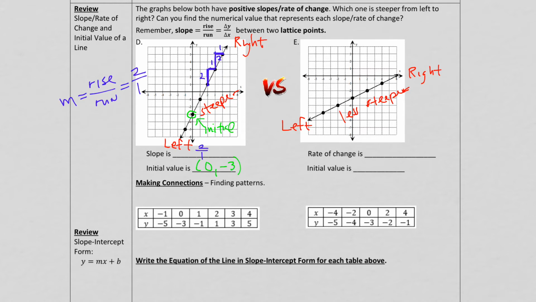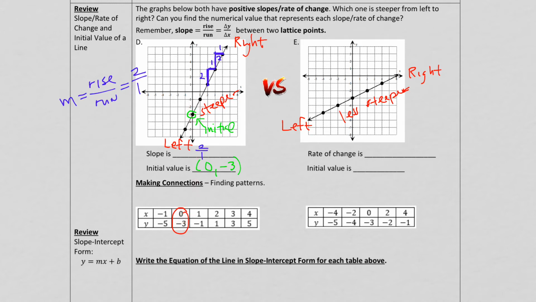Now if you make the connection from the graph to the table that we've spent some time on, let's first make the connection with the starting value. We know that we find the starting value where x is 0. So notice how, if I look at where x is 0 here, y is -3. Notice how that does match what we computed from the graph. So there's a connection between the y-intercept and the starting value on the table.